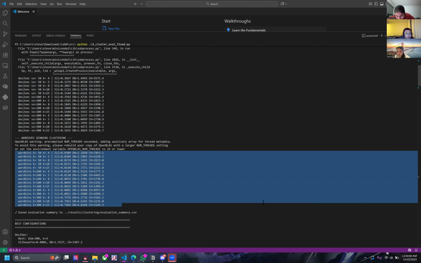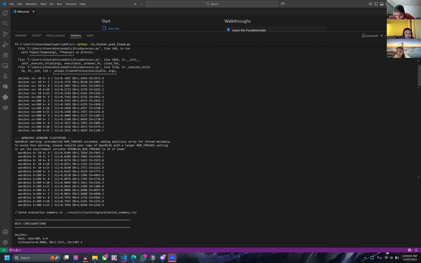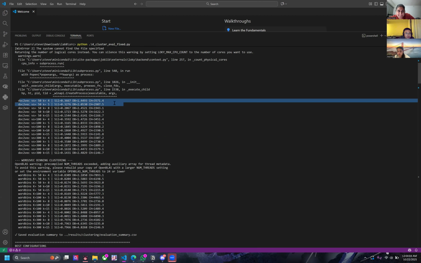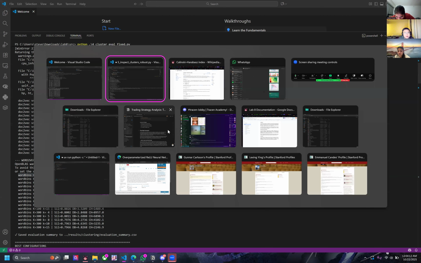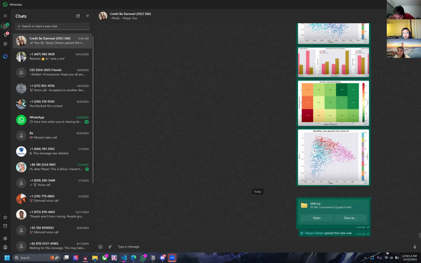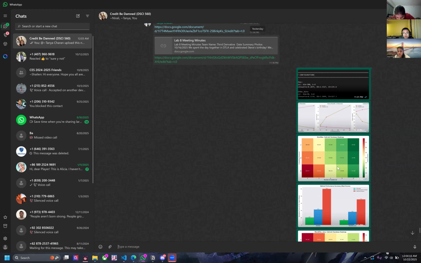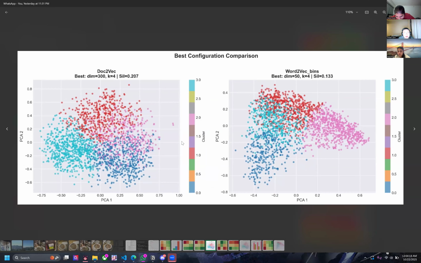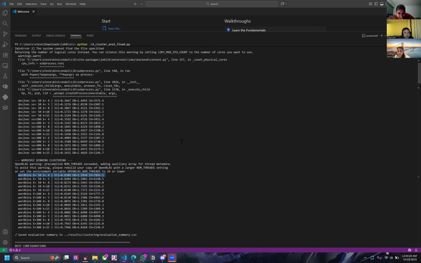We see that in general, Doc2Vec does comparatively worse compared to Word2Vec binning, and this was a bit surprising if you compare it to this later. And we were wondering why this was the case.